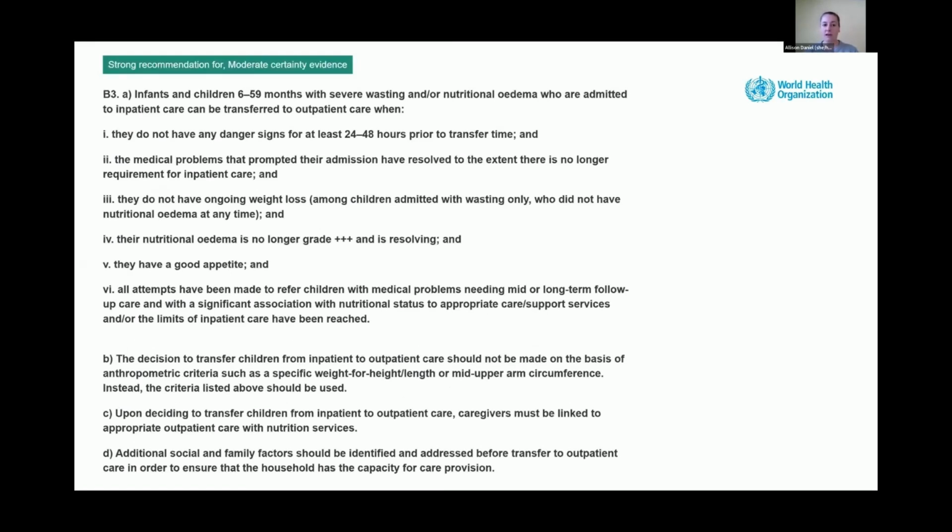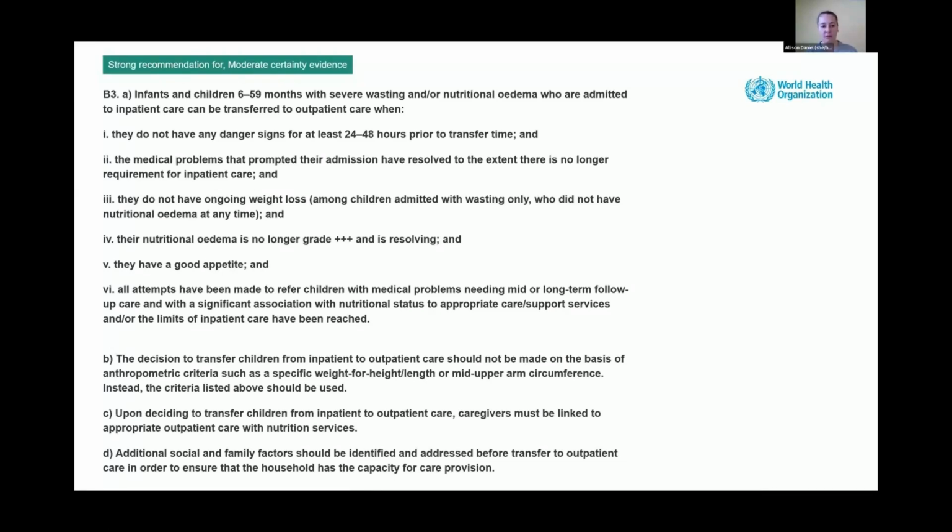We also updated the recommendation on when a child with severe wasting and/or edema admitted to inpatient care can be safely transferred to outpatient care. And this is actually a strong recommendation. Children have to meet all of these criteria, including not having any danger signs for at least 24 to 48 hours prior to the transfer time, medical problems that prompted admission having resolved to the extent there's no longer a requirement for inpatient care, and a few other criteria there in that Part A. And then there's some other detail there that is quite important about not basing this decision on anthropometric criteria, such as specific weight for height or MUAC.